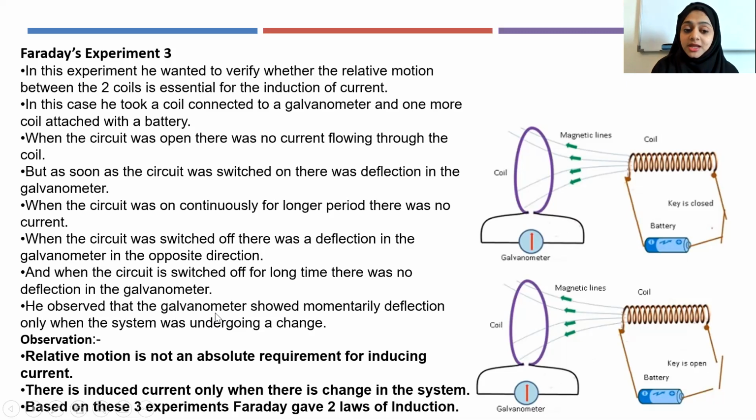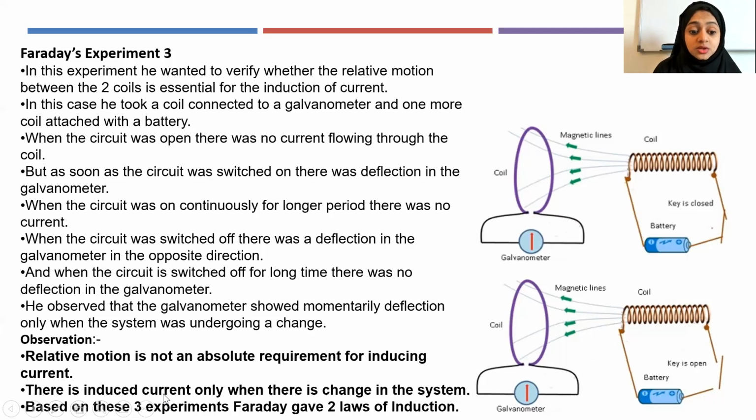He observed that the galvanometer showed momentary deflection only when the system was undergoing a change. So variation in the magnetic field is absolutely necessary. The final observation is that relative motion is not an absolute requirement for inducing current.